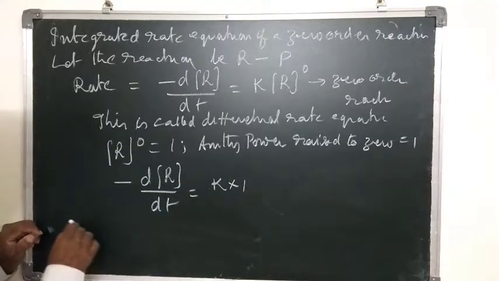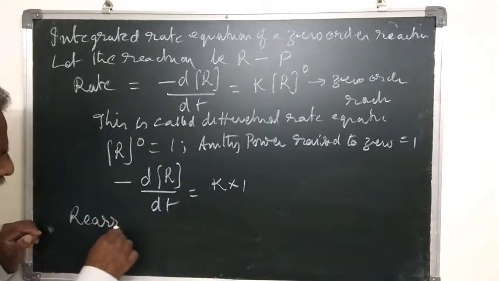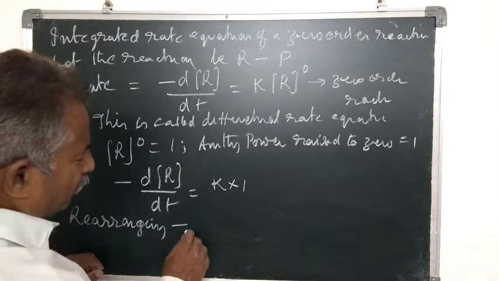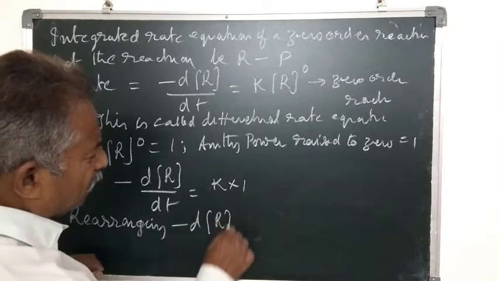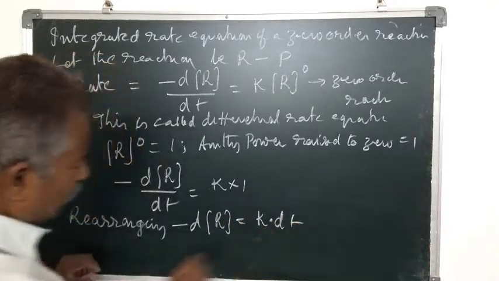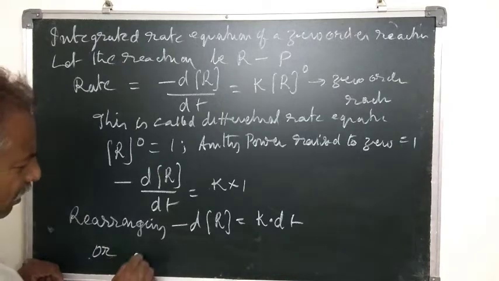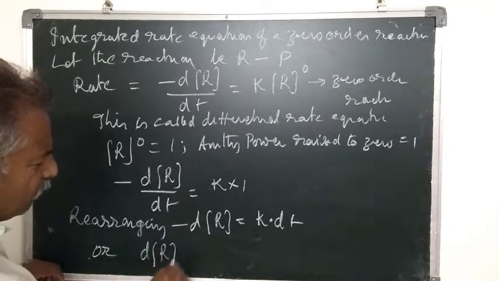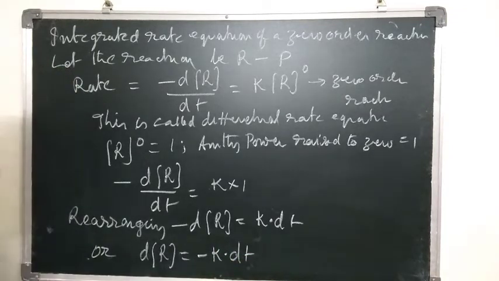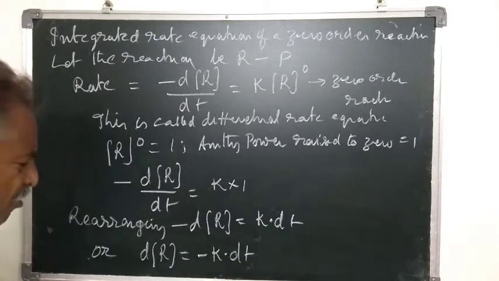Now rearranging, minus dR is equal to k into dt, or dR equal to minus k into dt. Now let us integrate this equation.